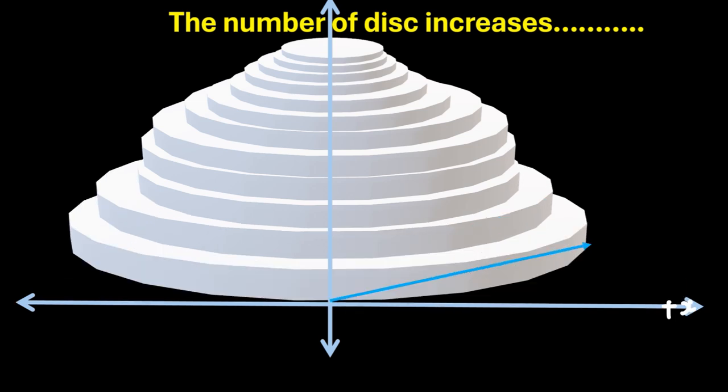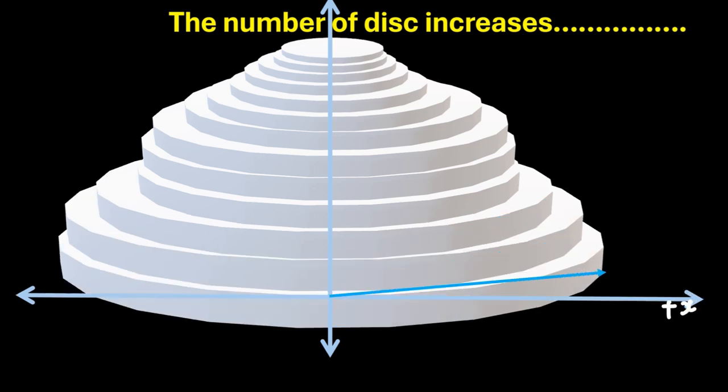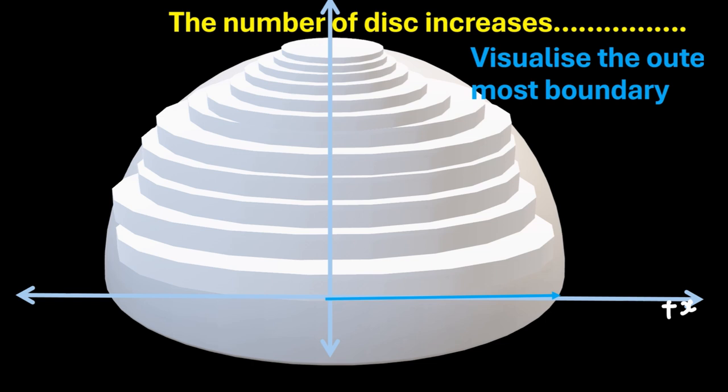And when it comes like this, at this point, imagine that this stacking of disks is appearing to assume a shape of an outer boundary like this, right? See, there might be some spaces here which you feel are void.